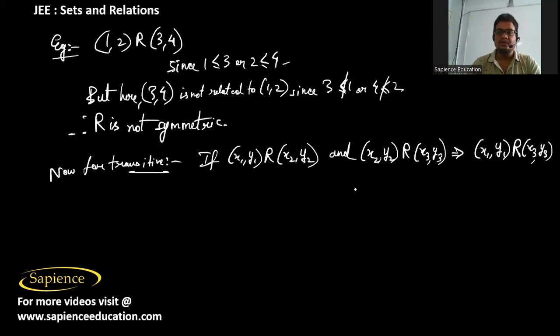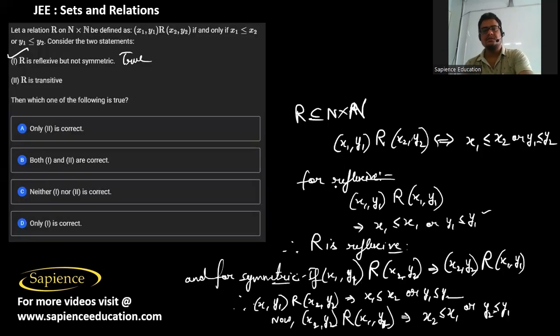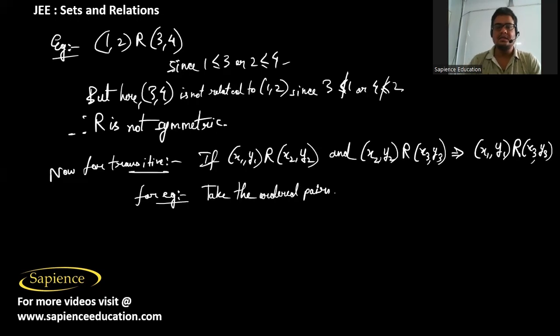So this will not be true. Suppose we take ordered pairs; since R is a subset of N cross N, any natural number can be taken.